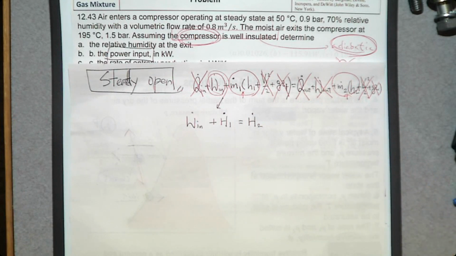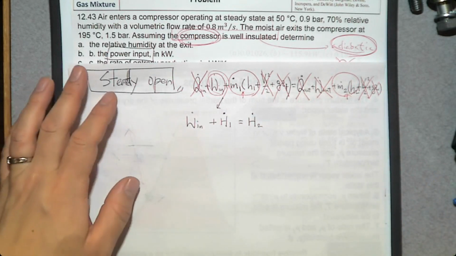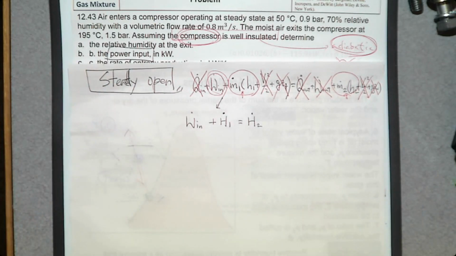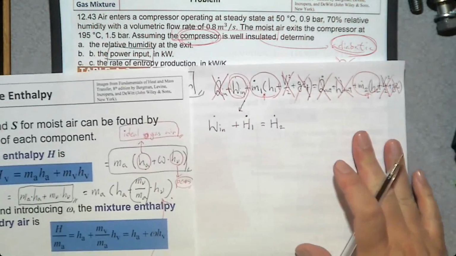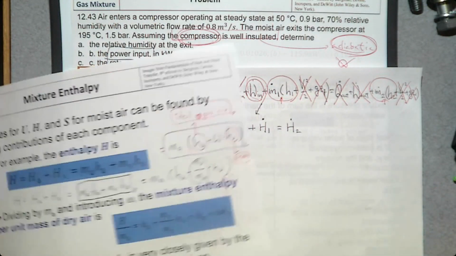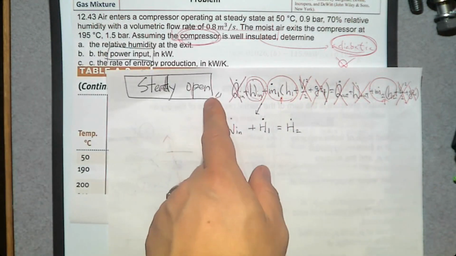Now, let's write down the energy balance equation. How do we determine this H? From here, we learned this H can be determined by this equation: m_A times h_A plus omega h_V. Then I'm going to rewrite that.